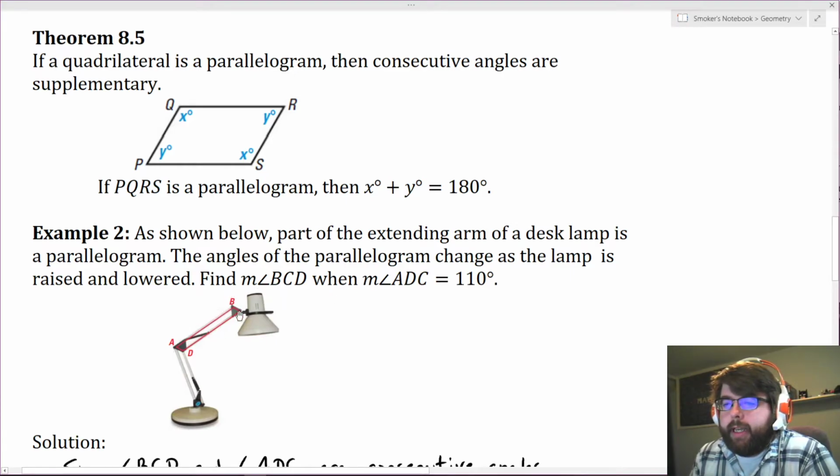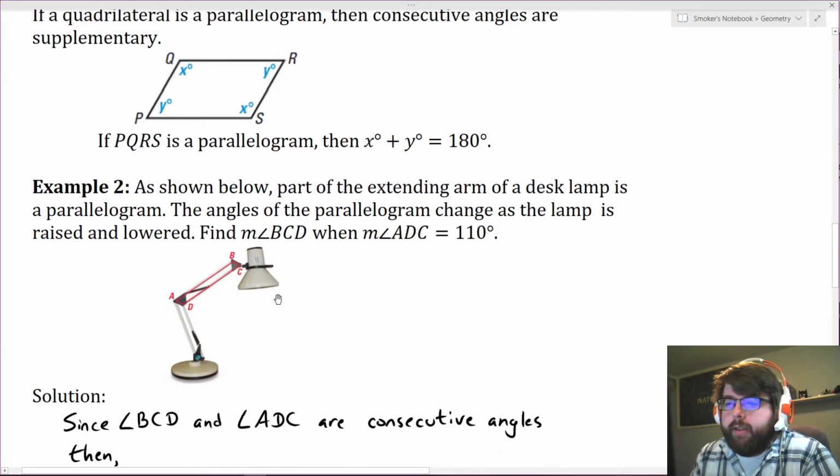Find BCD given ADC. So we're given this angle down here. ADC is 110. Okay, they want to know what BCD is. We could actually find all of the angles if we wanted to. And so angle C is what they want.